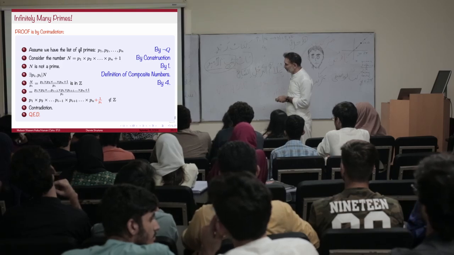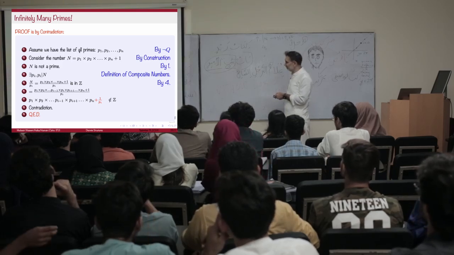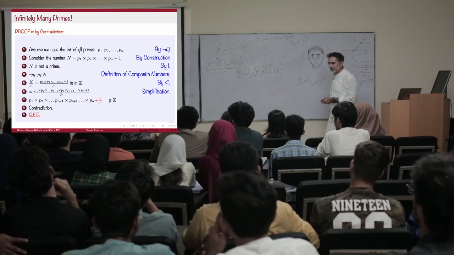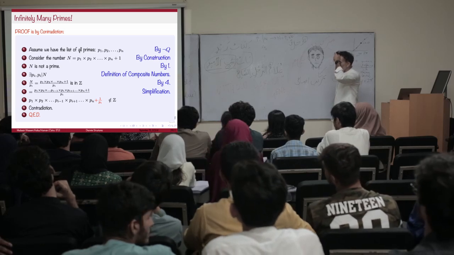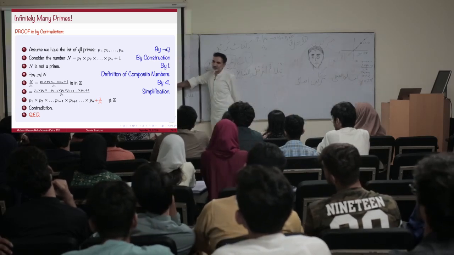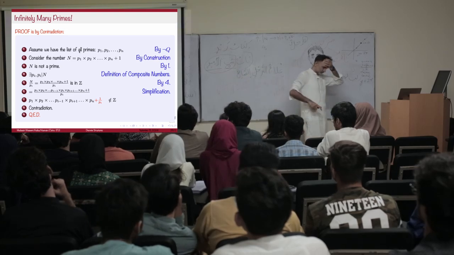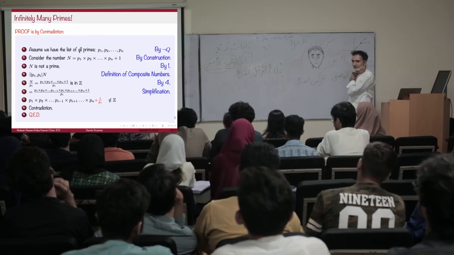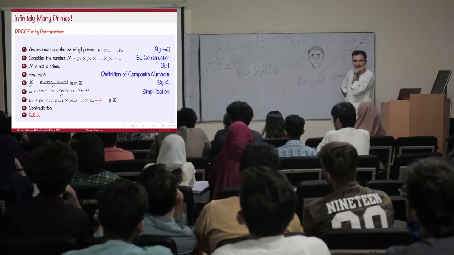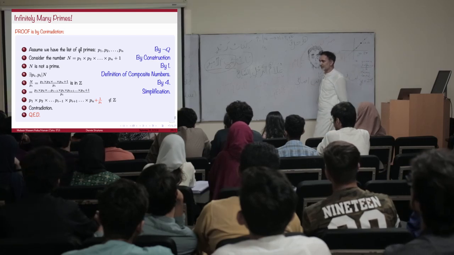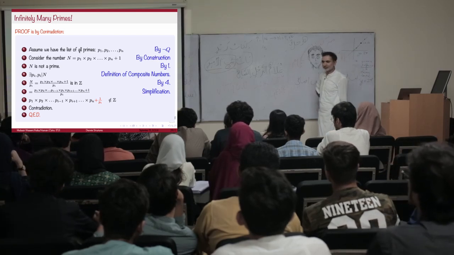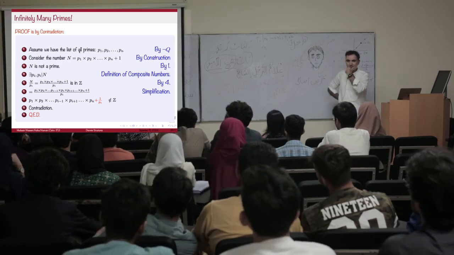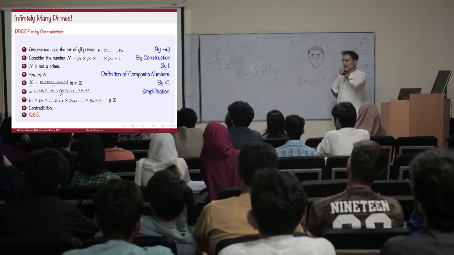What's next? At the next step I'm not doing anything, I'm just simplifying this. I'm doing something in the next step. What am I doing? The first row. How could I justify step 7? Raise hands.